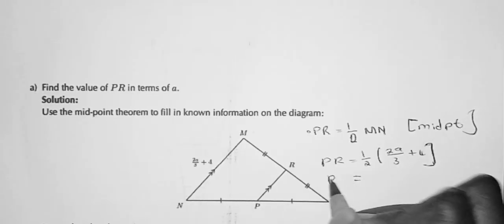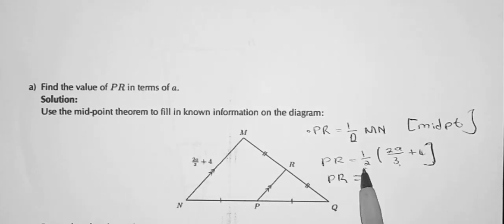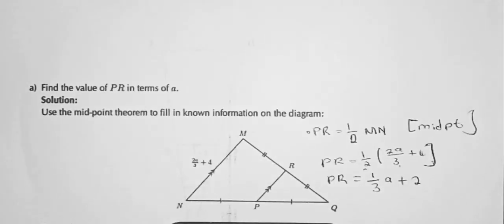PR is equal to, you multiply this half by the numbers inside the brackets: this half times this number, this half times this number. My answer is 1 over 3a plus 2.